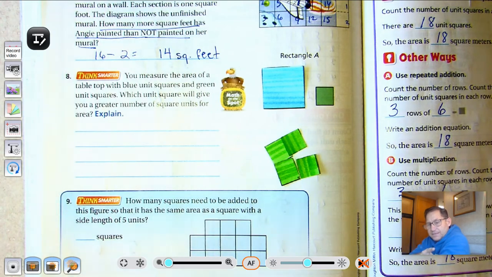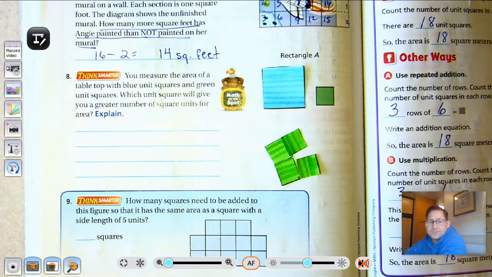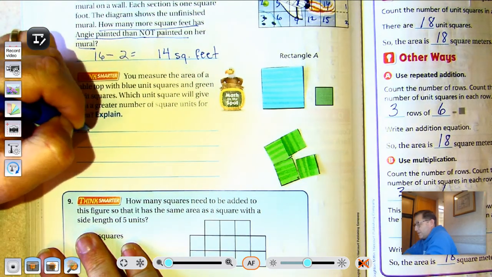So in our second activity, we had an area that covered 8 square inches versus the other one that was 32 units. So which one's going to give me a greater number of square units? The green squares.